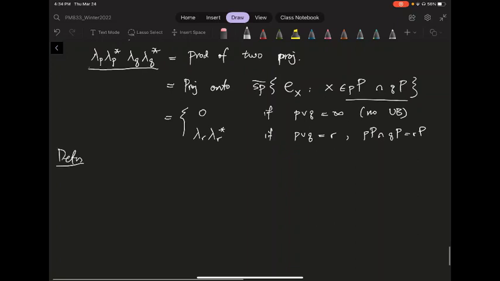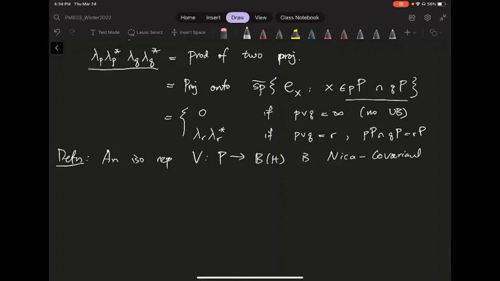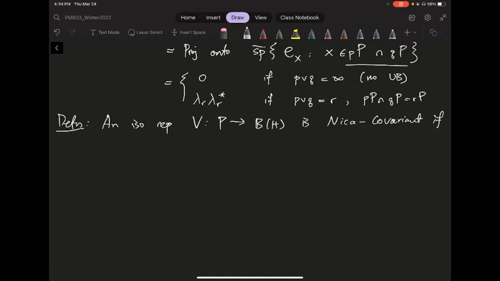So here's the definition. We say an isometric representation V from P to B(H) is Nica covariant. This is now a standard notation. Back then, in his old paper, of course, Nica only called them covariant representations, but now we all call it Nica covariant. Basically you just write the same thing as what happens for the left regular representation.